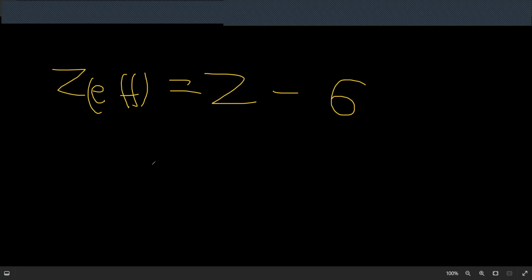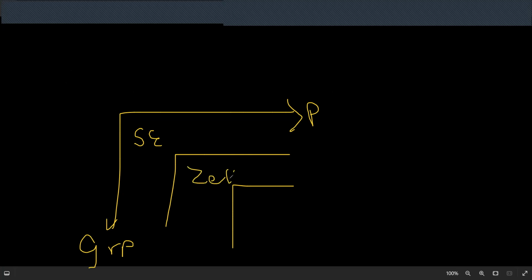Now, let's show the periodic variation of shielding effect and Zeff. I'll create a small diagram. This is group, as we go down. This is period, as we go sideways. Shielding effect, Zeff. Now we will talk about what happens. The shielding effect increases as we go down a group.